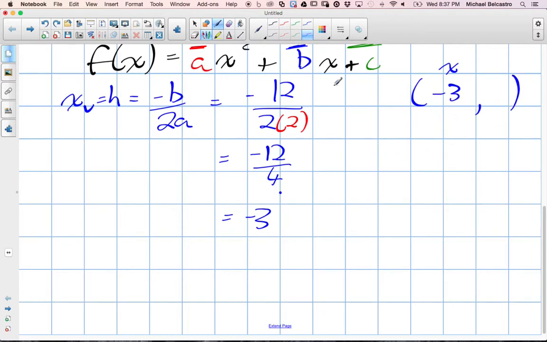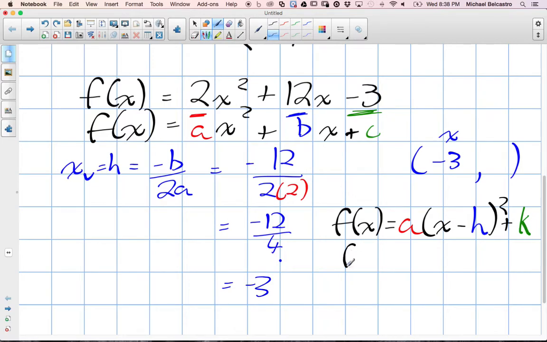I'm going to build our vertex form on the side as we're doing this. So f of x was equal to, you don't always have to write this many steps out, but I'm going to do it just so we get used to seeing negative h squared plus our k value. What we've already figured out is the a value is 2.